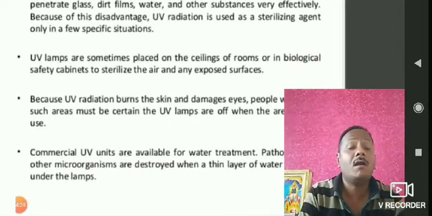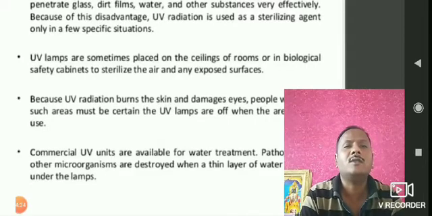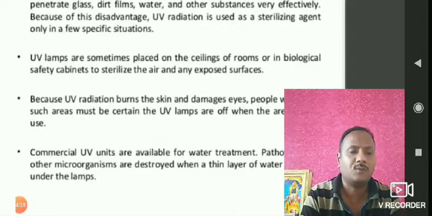Ultraviolet lamps are sometimes placed on the ceiling of rooms or in biological safety cabinets to sterilize the air and any exposed surfaces.